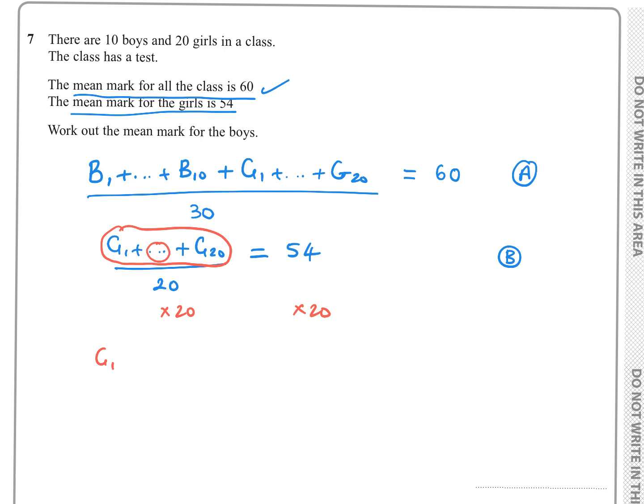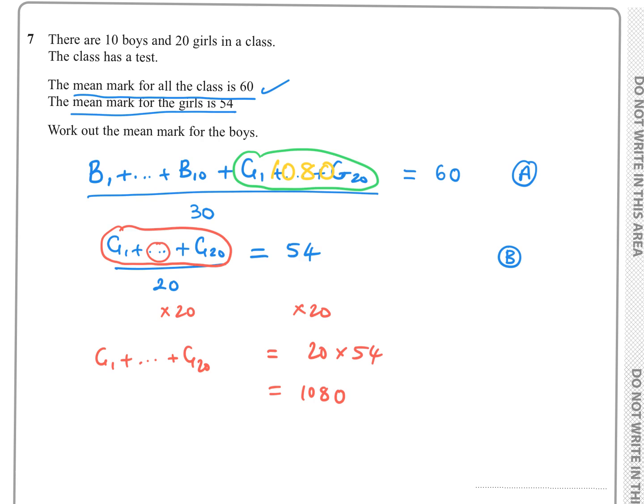So I know the sum of all the girls' marks, all 20 of them, must be 20 times 54. Well, 2 times 54 is 108, and it's 10 times as much. So we know that that amount is 1080. So if I look at this part here, that's like me writing 1080 in its place.